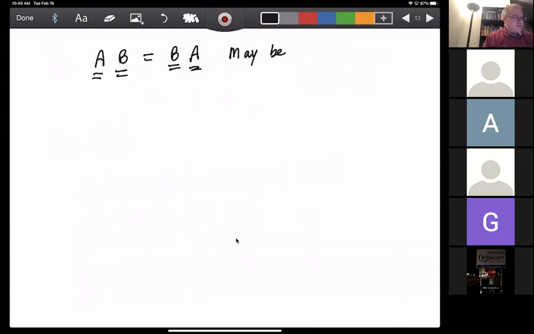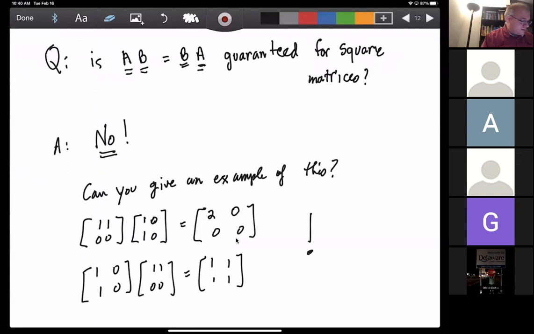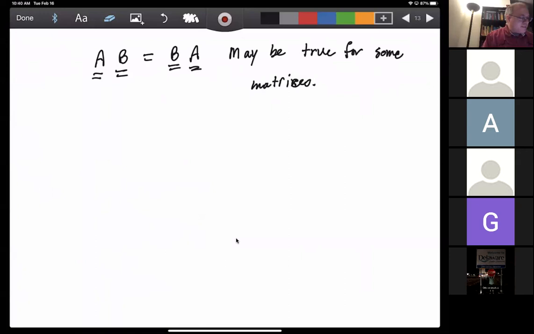That may be true for some matrices. The point is that it's not guaranteed to be true. You can come up with examples where it doesn't happen. It's kind of complicated in general to come up with the conditions that guarantee that A times B is the same as B times A.